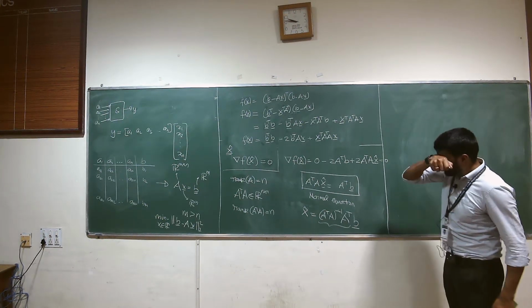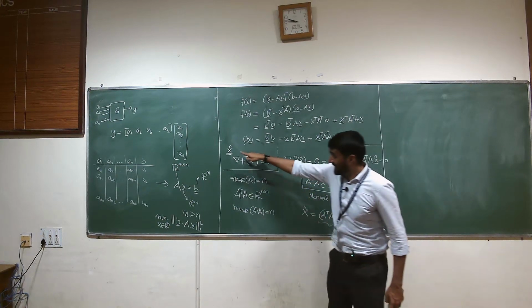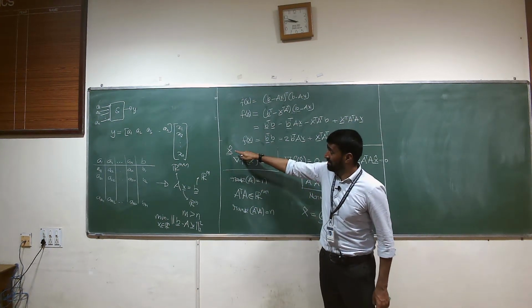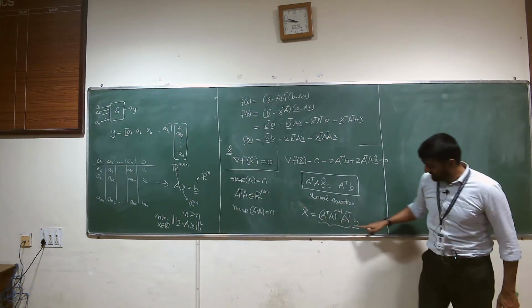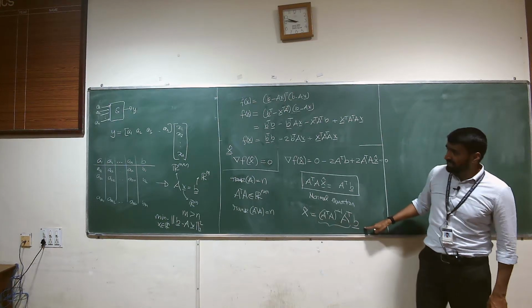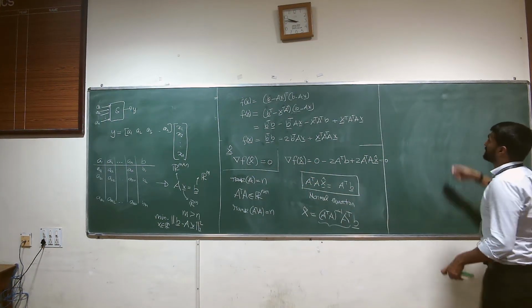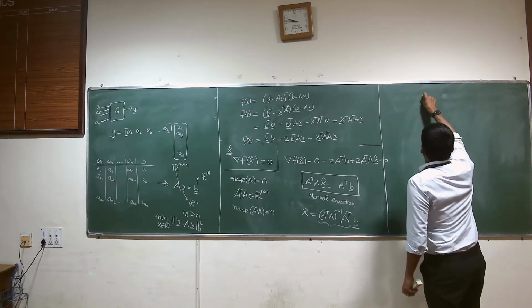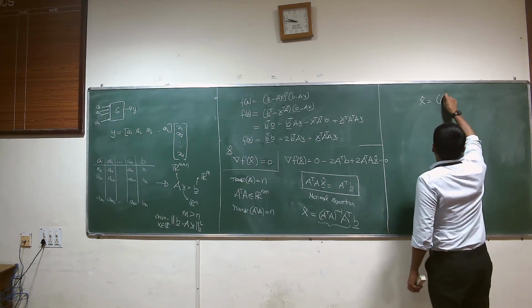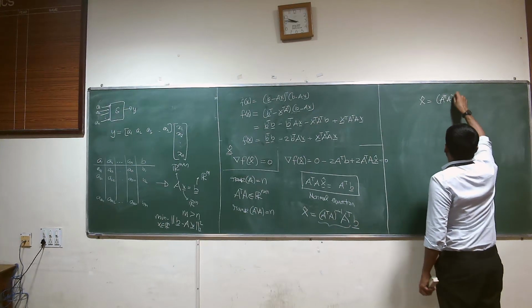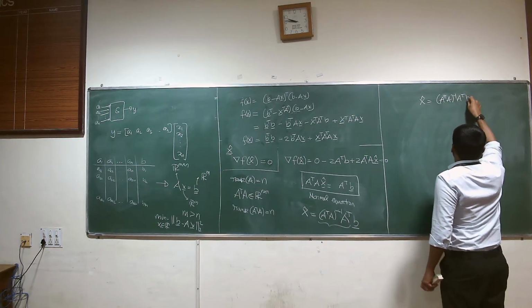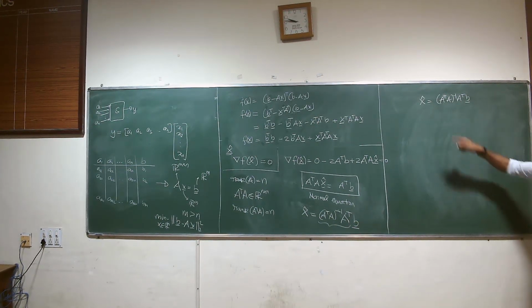Okay. So if x cap satisfies this equation, then the gradient is 0. So it could be a minimum. How would we verify that it is in fact a minimum and not a maximum or a saddle point?